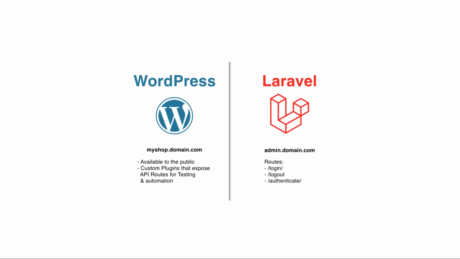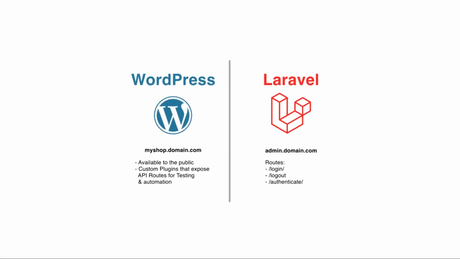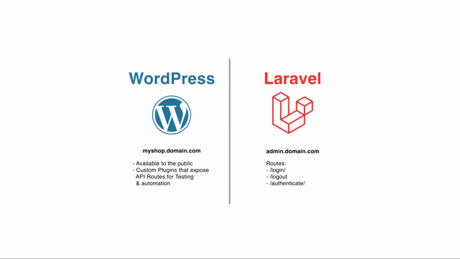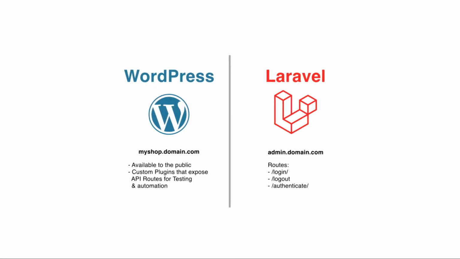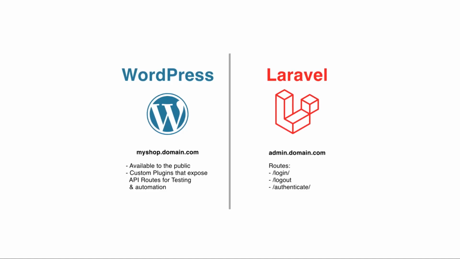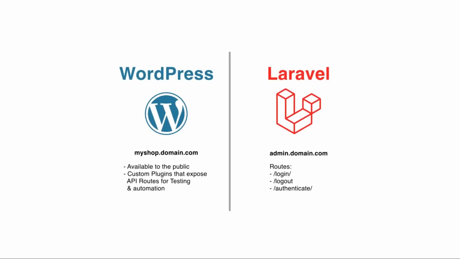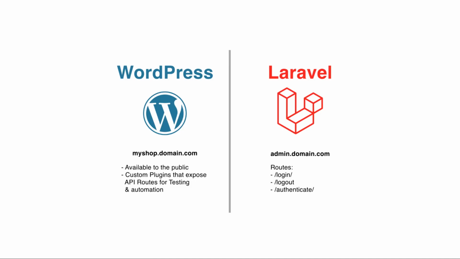That's where things get a bit more complicated, in that on one domain I have WordPress installed, and on the other domain I have Laravel installed. On the WordPress side, I serve the website to the public. Anybody can visit the website and see whatever we have going on.